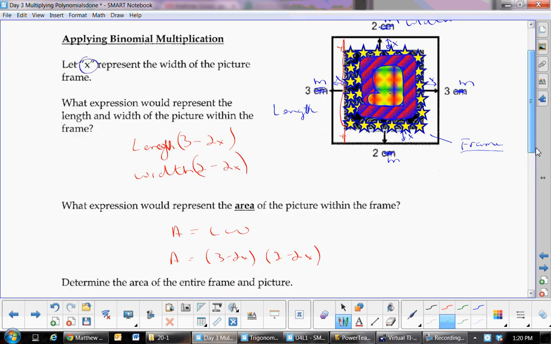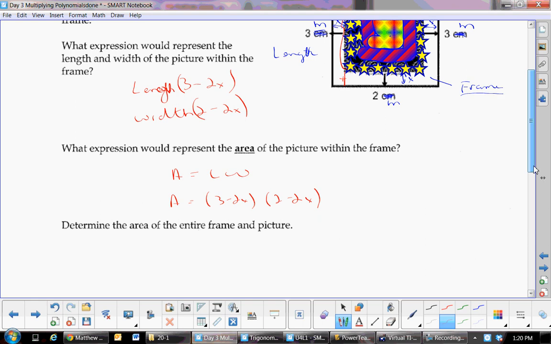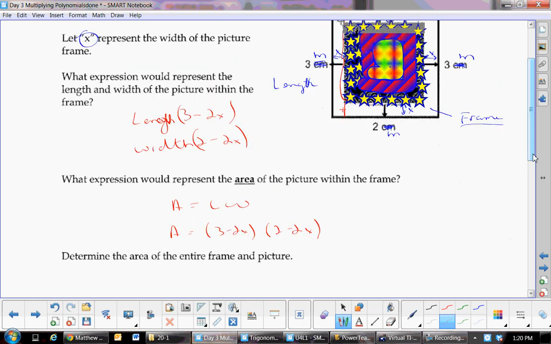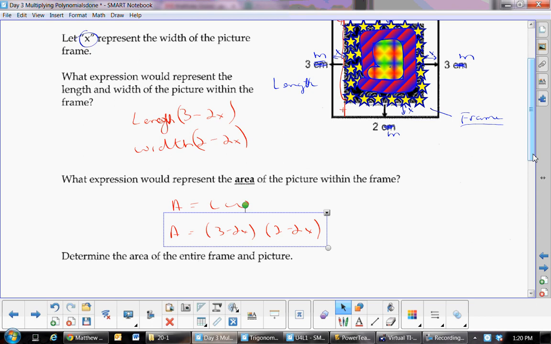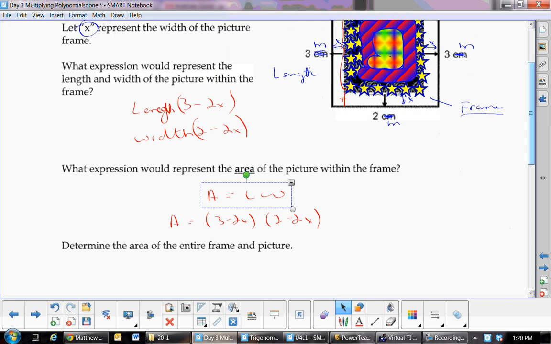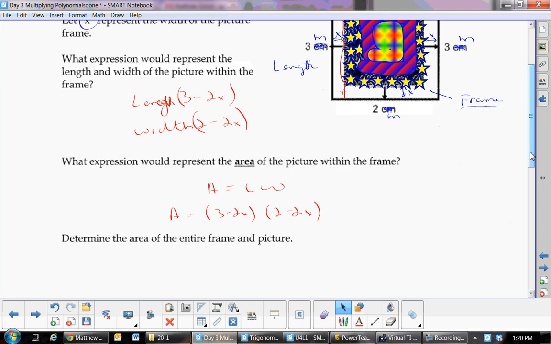Now, how would I do this? FOIL it. So, what's 3 times 2? 6. 3 times negative 2x.